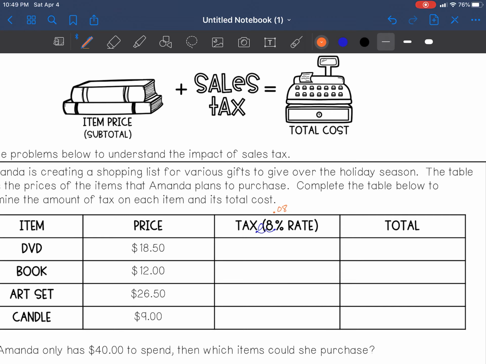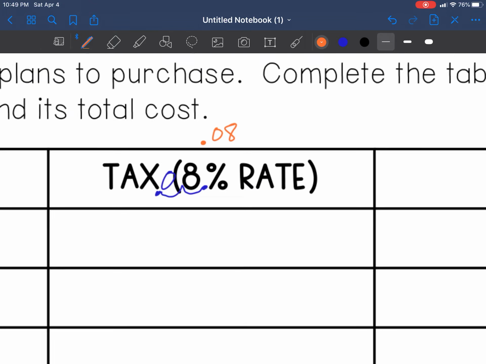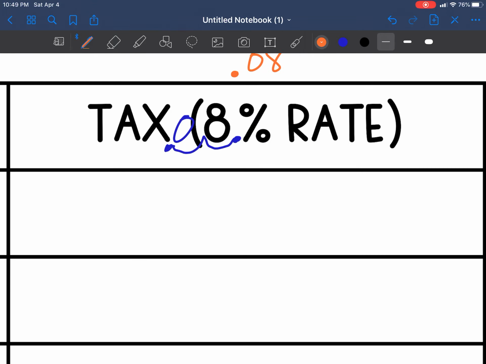So for a DVD, the subtotal is $18.50. So we know our subtotal is $18.50 times 0.08.